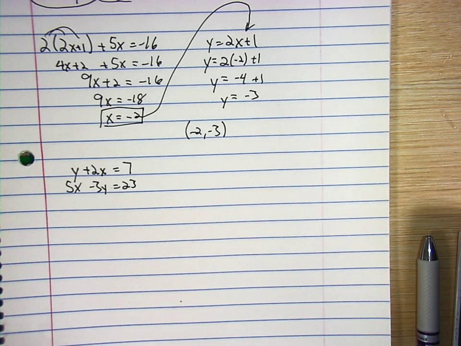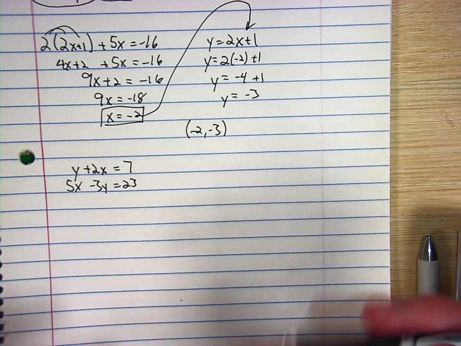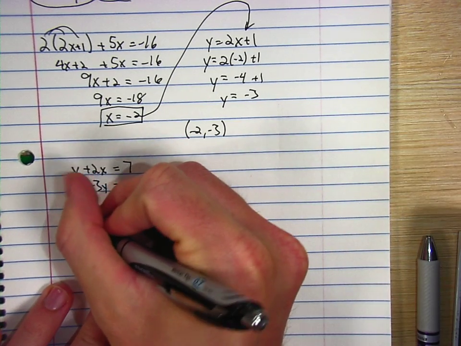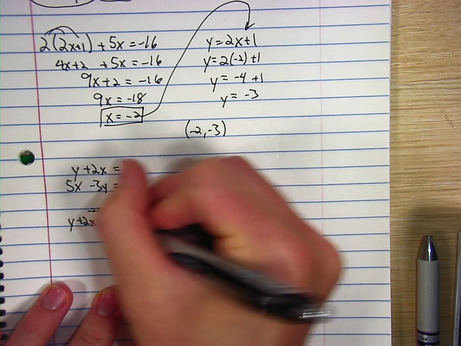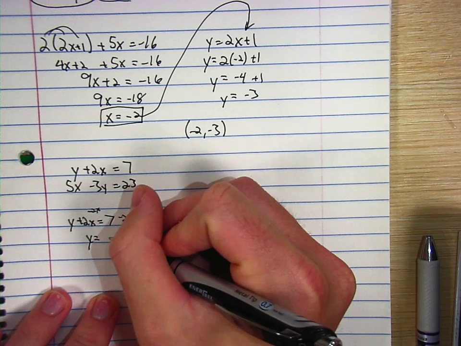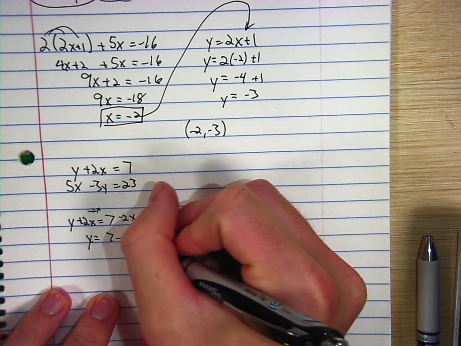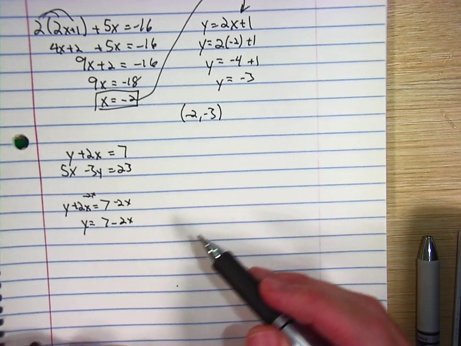You could do it for either one. I think there's one that should be hopefully a more obvious choice than the other. I think our first equation would be the easiest. So why don't we subtract 2x, okay, can go 7 minus 2x or negative 2x plus 7, however you want to write that, that'd be fine.